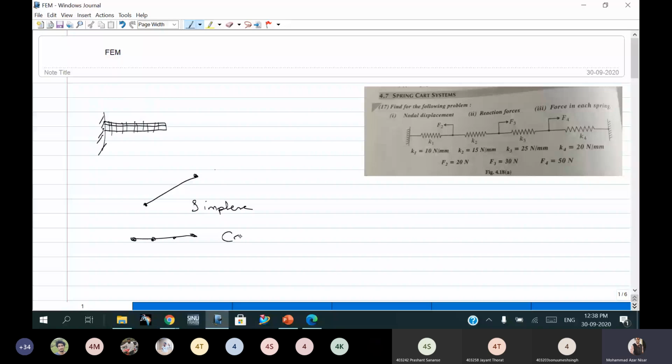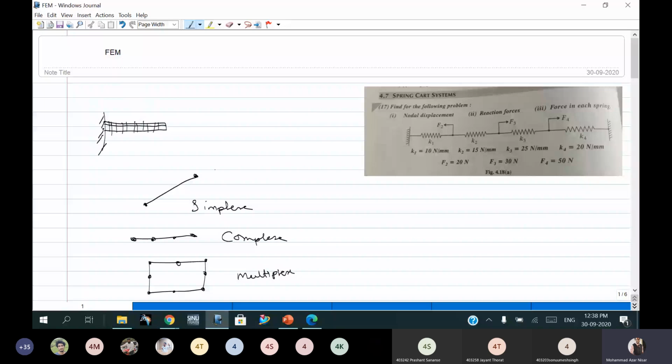In multiplex, suppose it is quadratic, and intermediate nodes will be involved. Depending upon the complexity, the interpolation functions are divided into these three types.